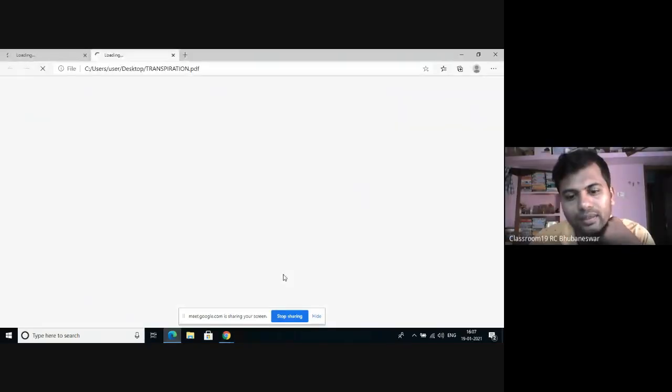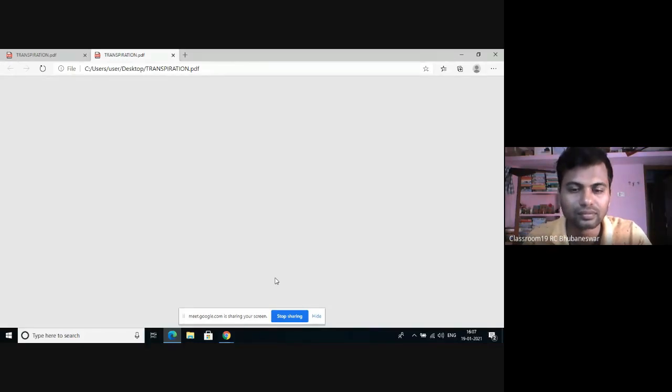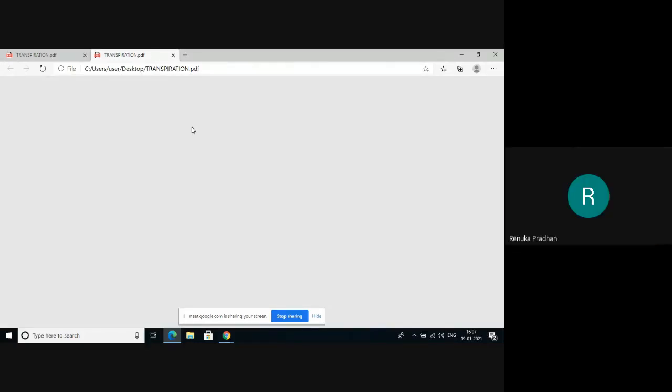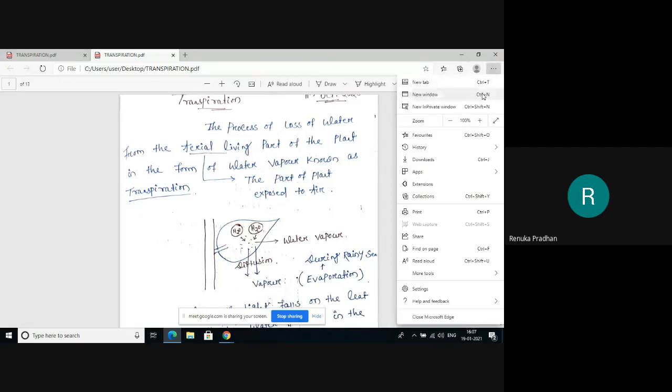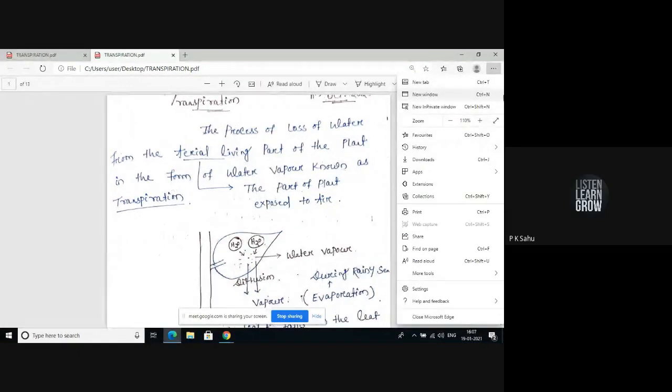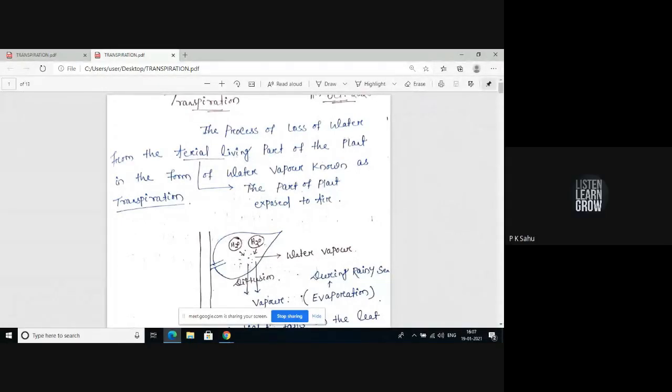I'm asking about transpiration, not transportation. Water passing out from the surface of the plant. The loss of water in the form of water vapors.